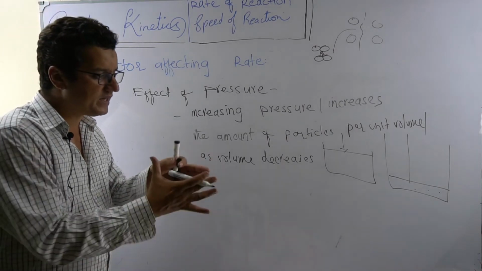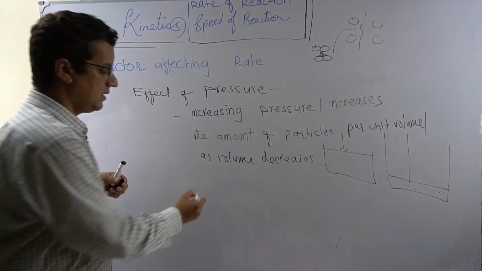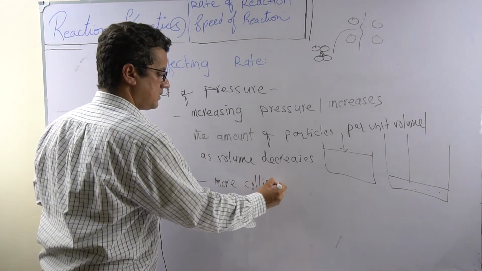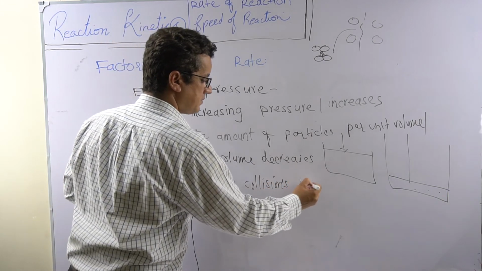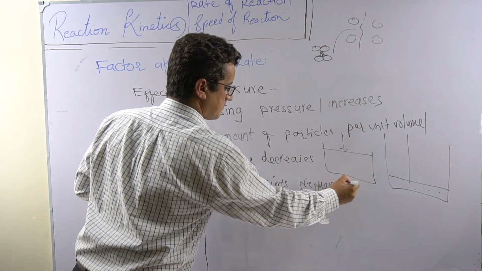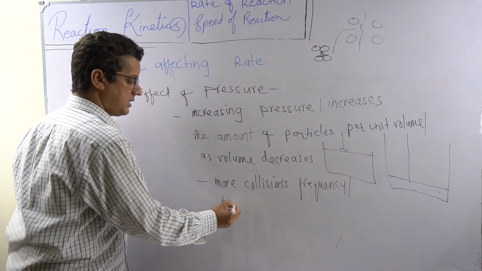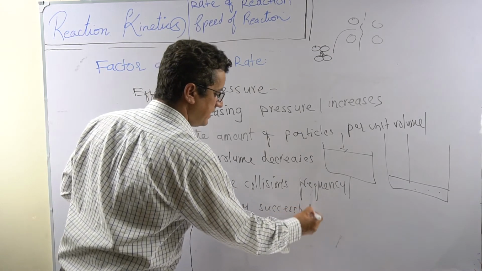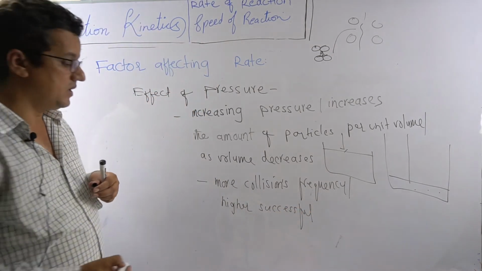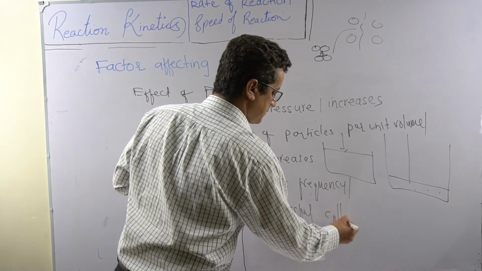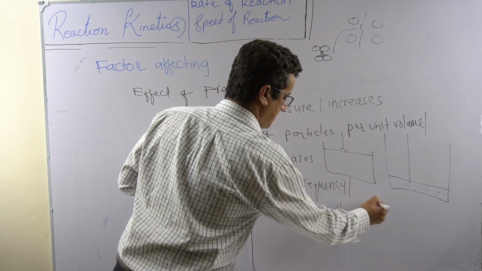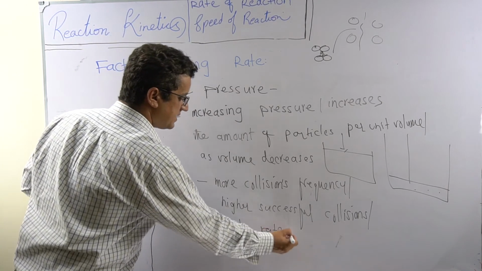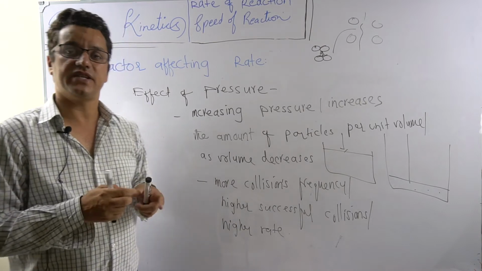Volume decrease means more particles come across, more collisions, higher collision frequency, higher successful collisions, because all collisions, as we said earlier, are not successful. So higher successful collisions, higher rate. So if gases are involved, pressure also comes into the game.